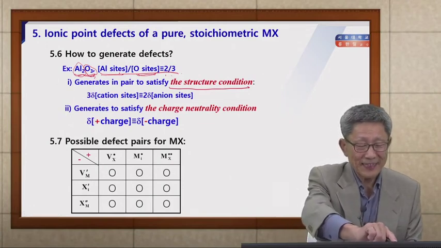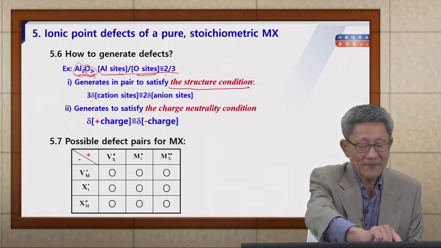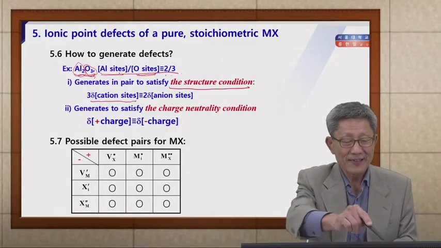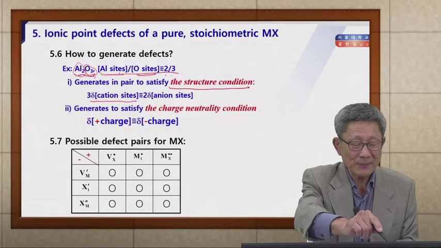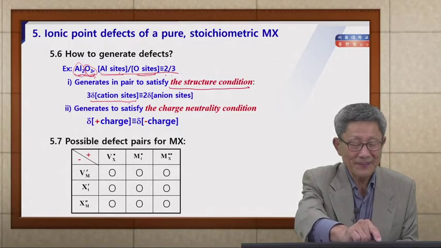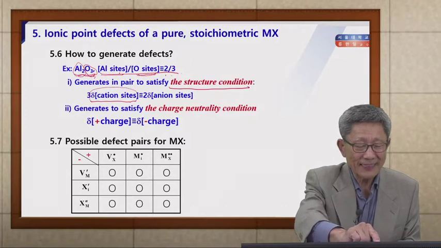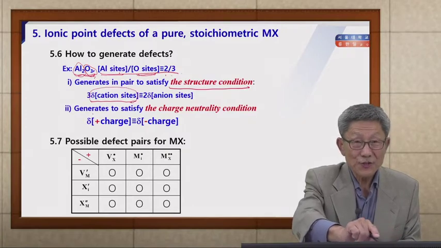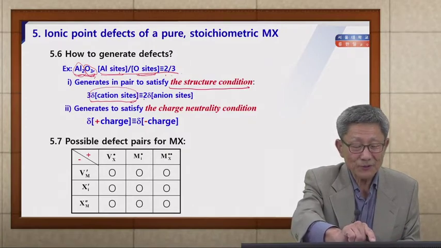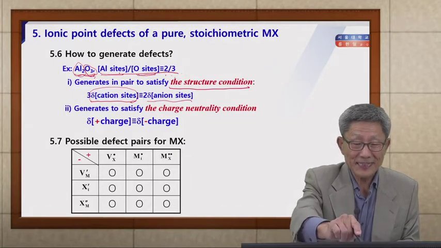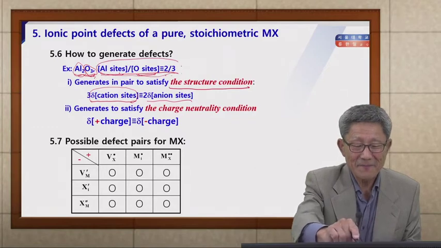Now suppose that you have a variation of cation side by introducing vacancy or misplaced anion or whatsoever. Then this variation of cation side should be equal to 2/3 of the variation of anion side to satisfy this structure condition.